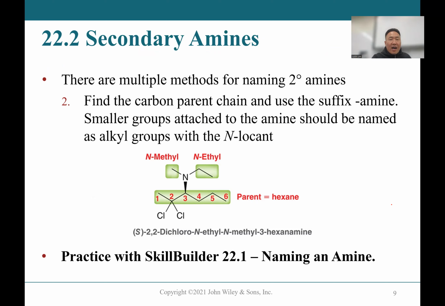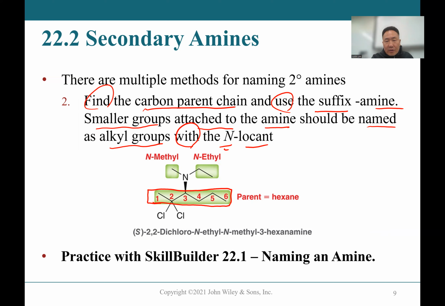Number two, find the carbon parent chain and use the suffix amine. Smaller groups attached to the amine should be named as alkyl groups with an N locant. So find the base chain: 1, 2, 3, 4, 5, 6. 6 carbons in the base chain, hexane. And then on nitrogen, you can see methyl and ethyl.